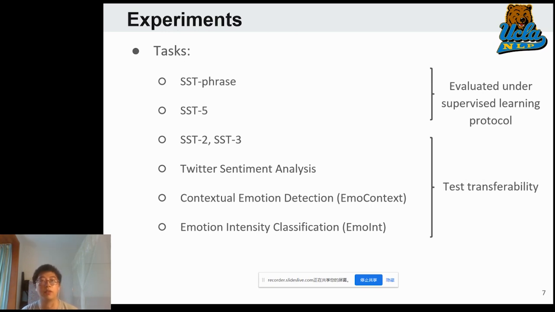We also evaluate the sentiment of the root node, which represents the sentiment of the whole sentence. And in the second setting, we evaluate the transferability of SentiBERT and demonstrate that the compositional sentiment semantics learned on SST can be transferred to other related tasks, such as emotion classification.